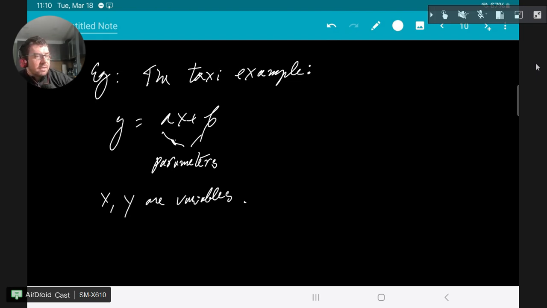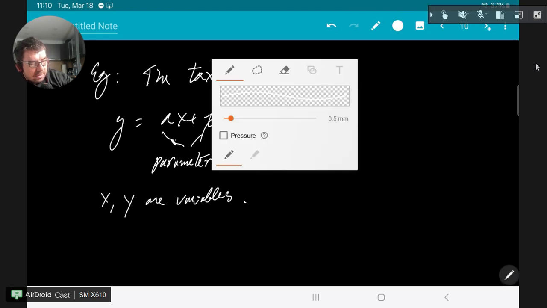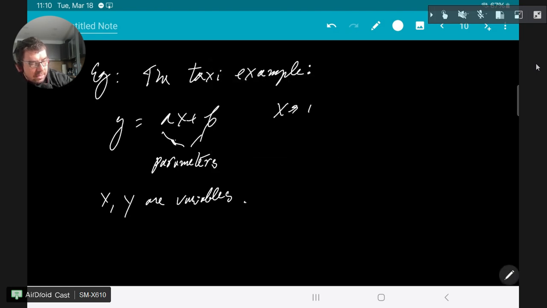The client tells me, drive me to this location 10 kilometers away, and then I can calculate by using this formula how much the price will be for the trip. So in this case we call x an independent variable, and therefore y is a dependent variable.